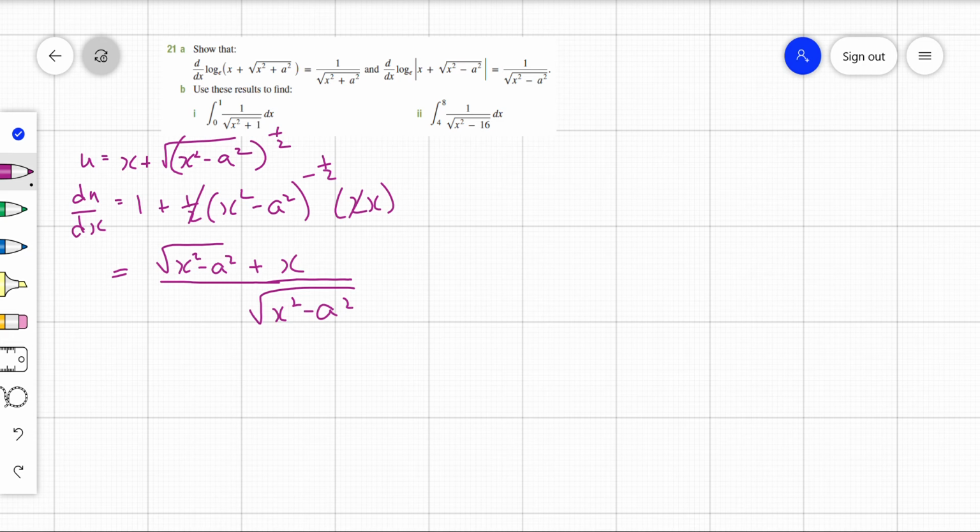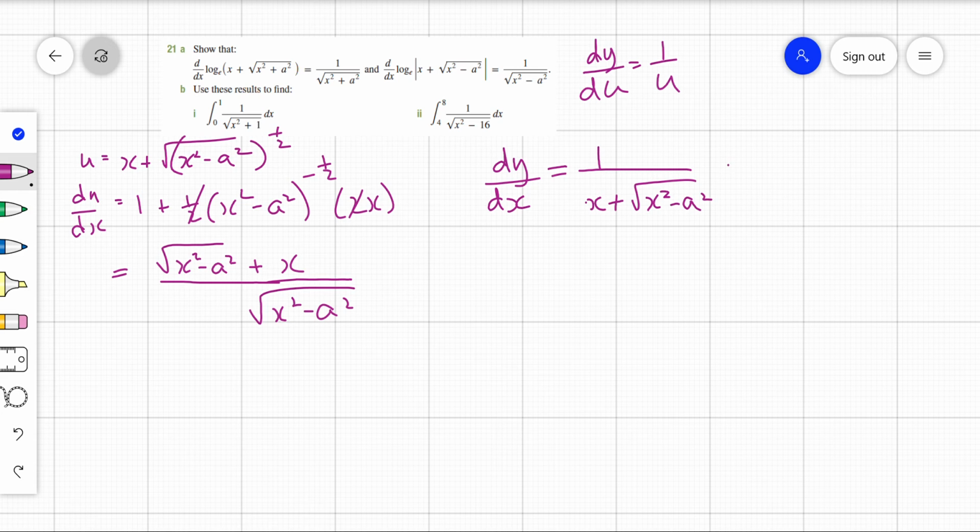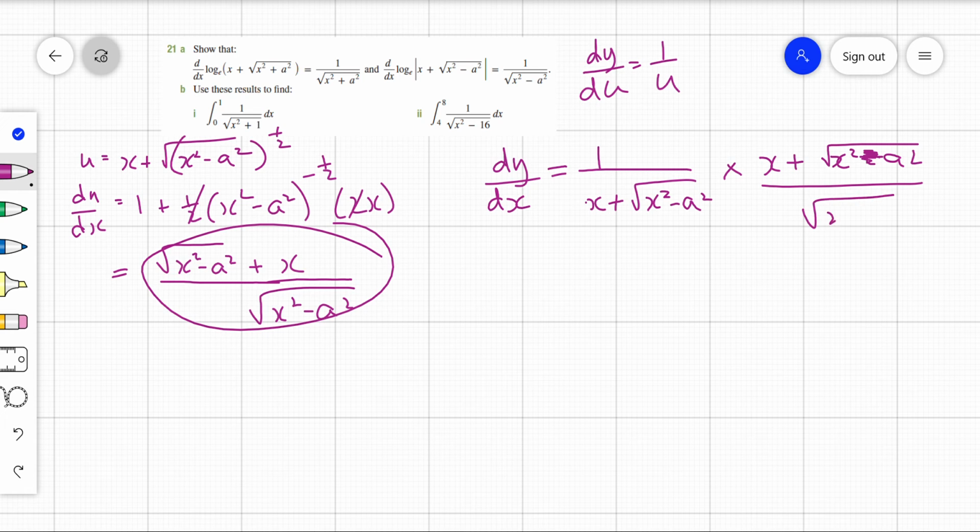So that's du dx, and we already know dy du, so log u becomes 1 on u, so dy dx would be, I'll just put dy du being 1 on u, and that u being x plus square root x squared minus a squared, and we're timesing by our du dx, which is x plus, I'm writing it the other way, x squared minus a squared, not plus, that's a minus, all on square root x squared minus a squared.